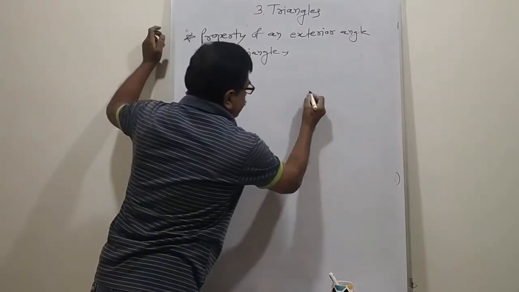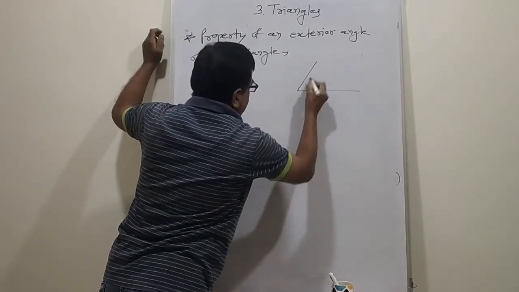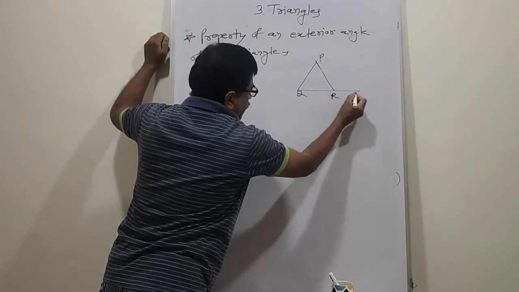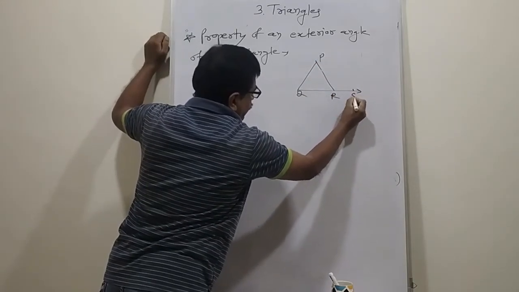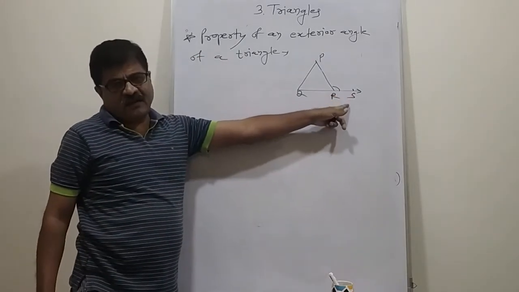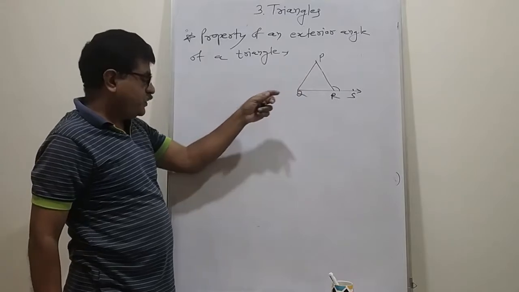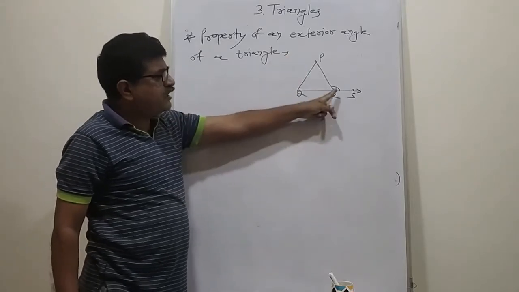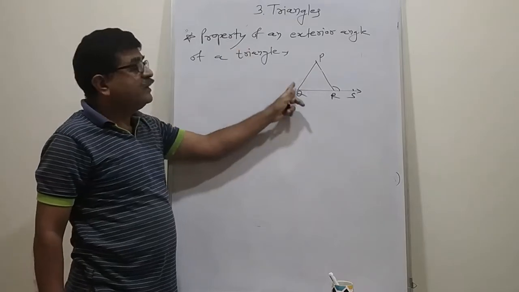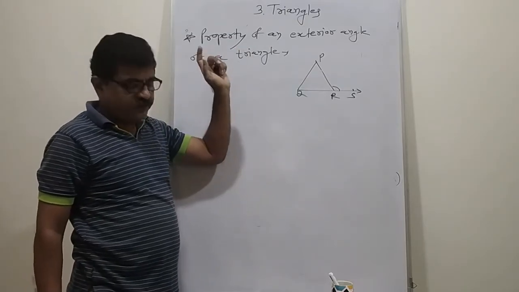Now we know that if this is PQR and this point is S, that is, PRS is an exterior angle. Now the property is that an exterior angle of a triangle is greater than its remote interior angles.